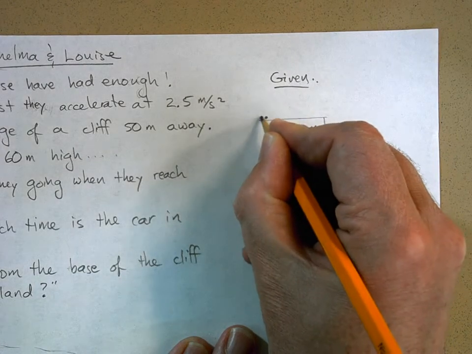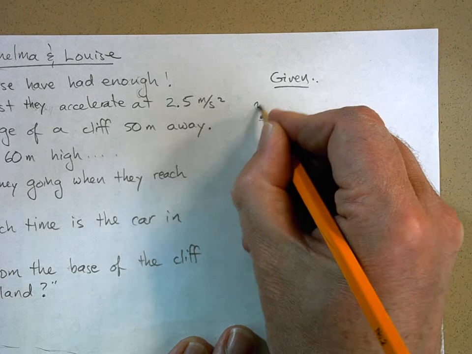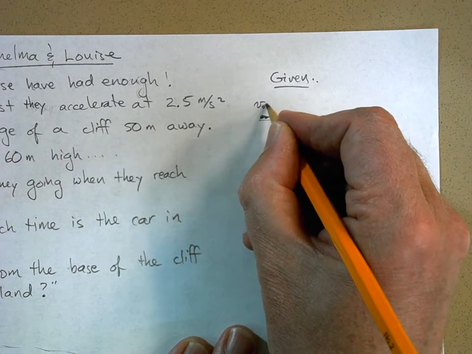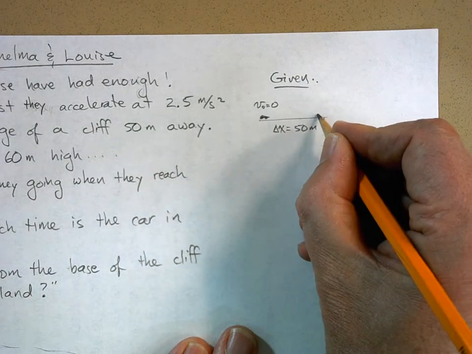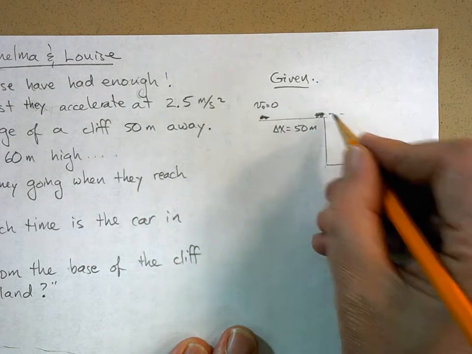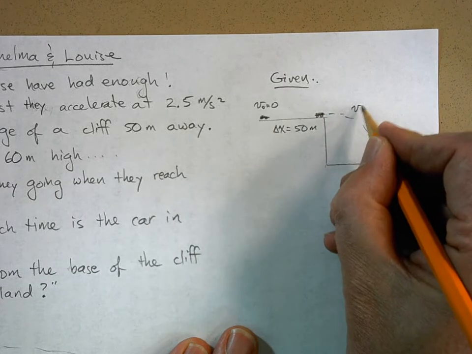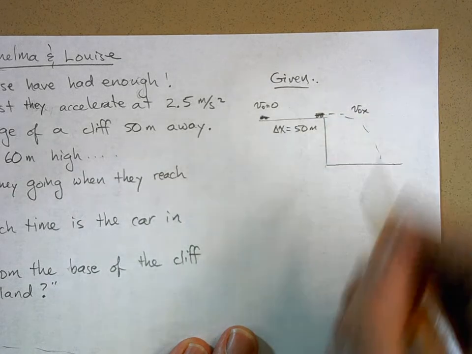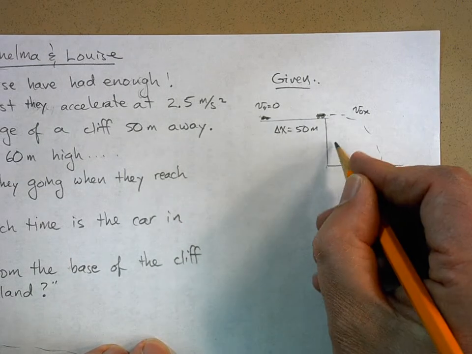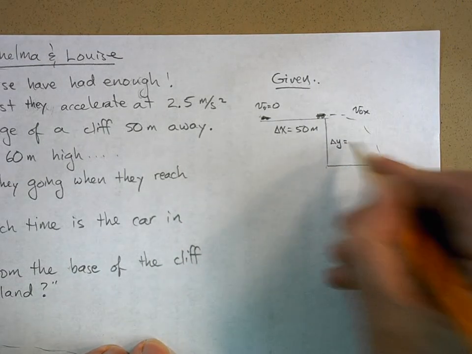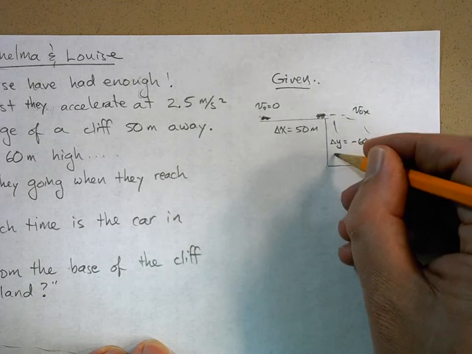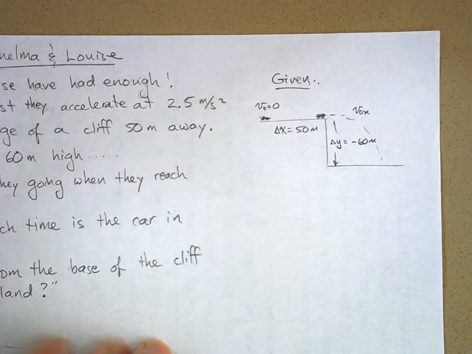And here's the car. V naught equals 0. And here's their velocity right here. We'll call this V naught x, after they leave. But for the first part of the problem, what is delta y? Negative 60 meters, right? Because it falls down.